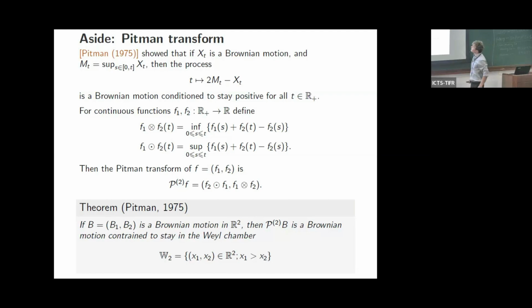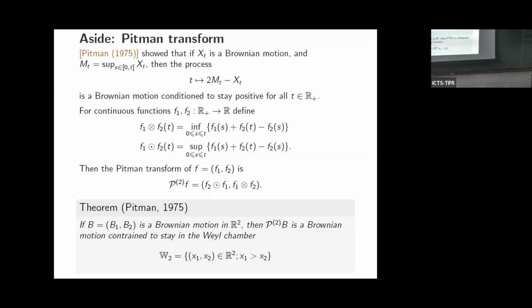So the Pitman transform originates really in probability theory. In 1975, Pitman was studying transformations of the Brownian motion. So imagine that X_t is a Brownian motion, starting from 0, so the graph is something like that. This is my Brownian motion X_t.